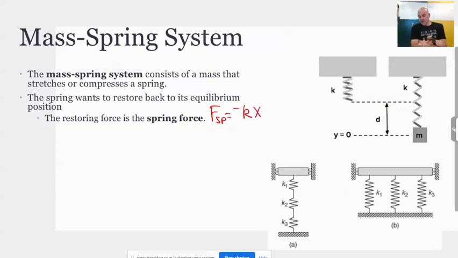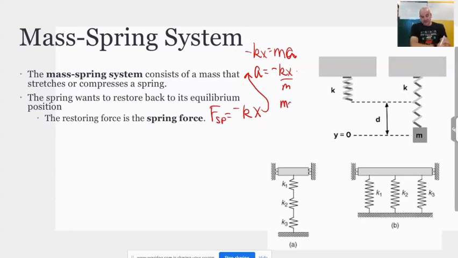or K delta x. Now, this will allow us to get an idea of what the acceleration is going to be. If it's on a horizontal spring, your acceleration would be simply negative Kx over m. If it's hanging, you would have to account for the weight of the object.